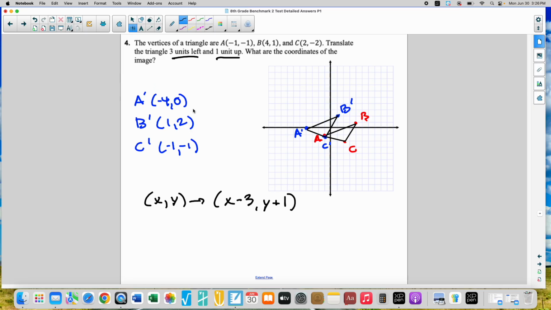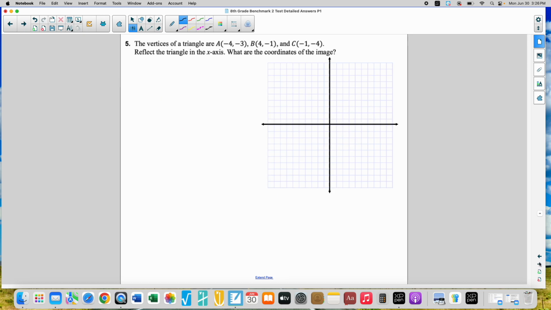So if we take our original A value, which was (-1, -1), and we put it into this template, -1 minus 3, -1 plus 1, we would get (-4, 0). And that would be our A prime. So it worked. I'm just showing you. And that's something that you should be aware of. It's another way of utilizing a transformation or a translation.